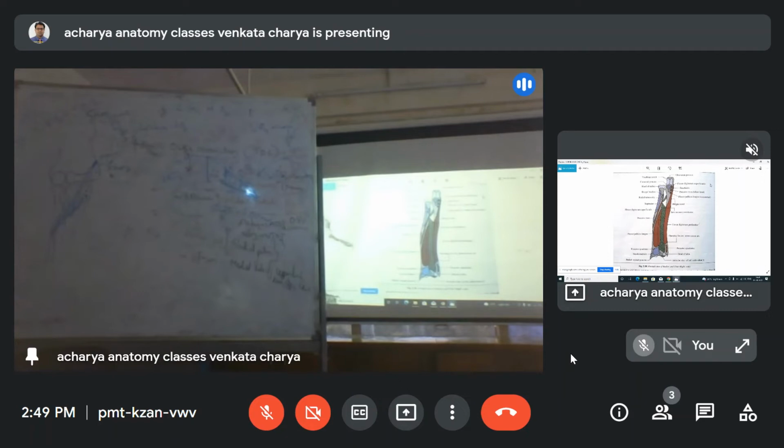Number 2, some fibers originate from the upper end of the ulna near the ulnar tuberosity.